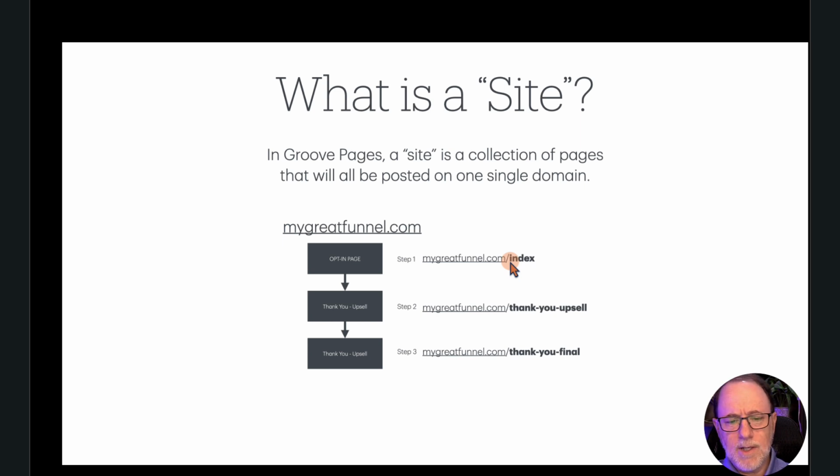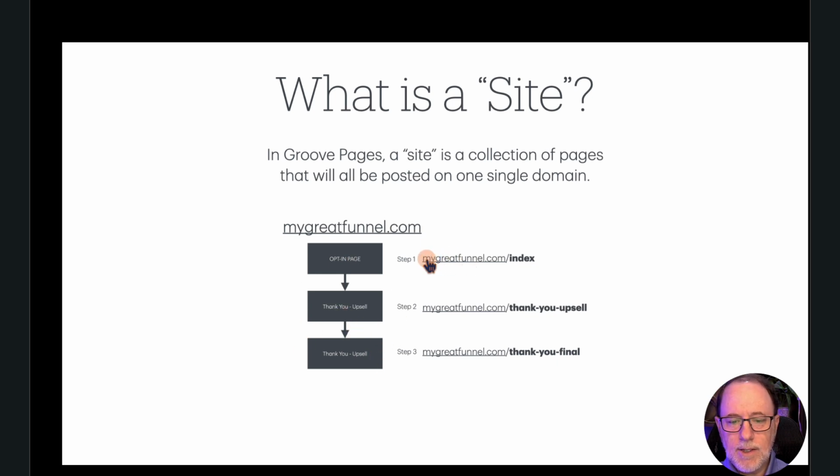And so if you just take this as an example, let's say we were building just a funnel. We didn't have a website, we were just building a funnel. So your domain could be mygreatfunnel.com. And what you would see inside is 3 pages. We saw this earlier, the 3 steps: opt-in page, thank you upsell, or it could be thank you final.